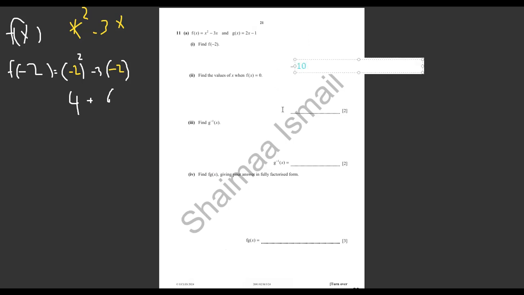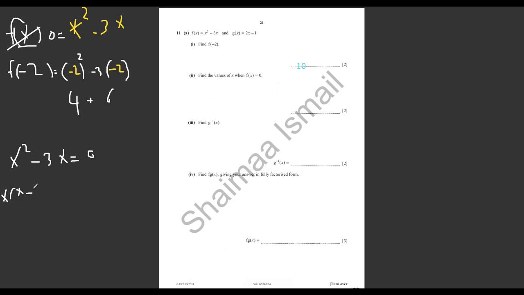Okay, find x when f of x equals 0. Remember, before he gave you the x, now we're going to take f of x and say this equals 0. So x squared minus 3x equals 0. I need to solve the problem here, so take an x outside: x times x minus 3 equals 0.